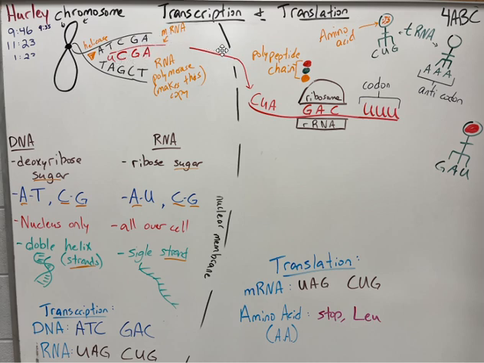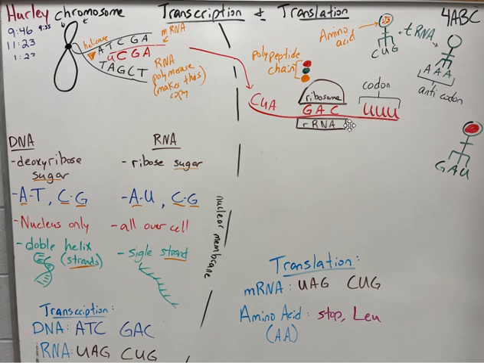This mRNA would get its way through the nuclear membrane, out of the nucleus, and it would come to the next type of RNA in our process, rRNA. UUU has already done this codon, these three sets.